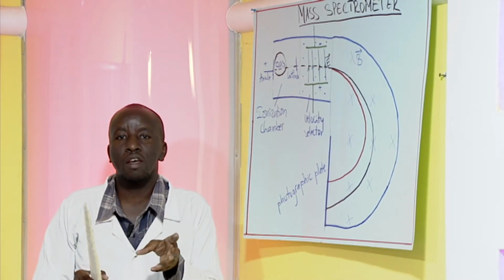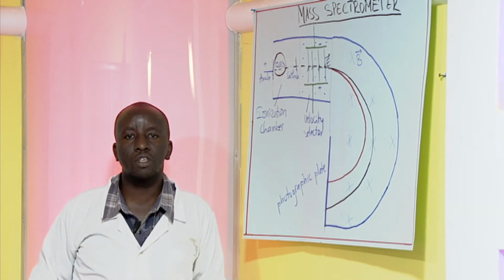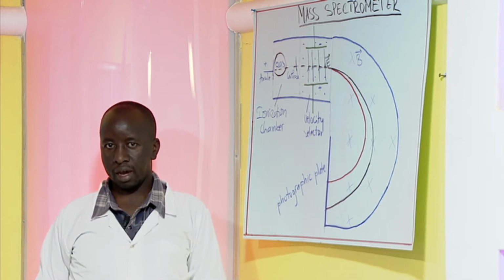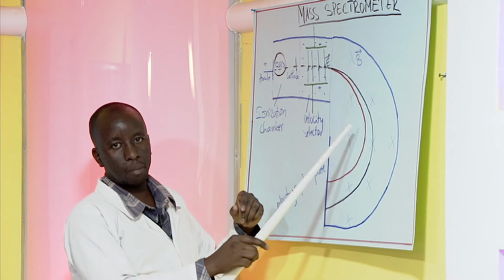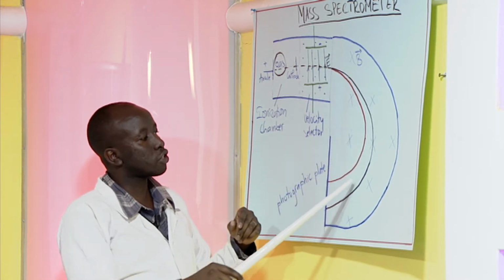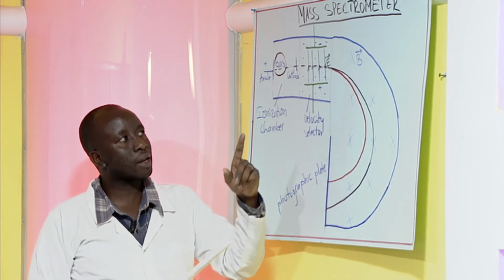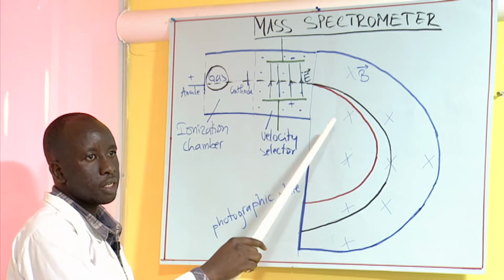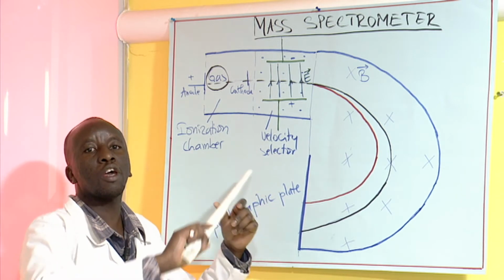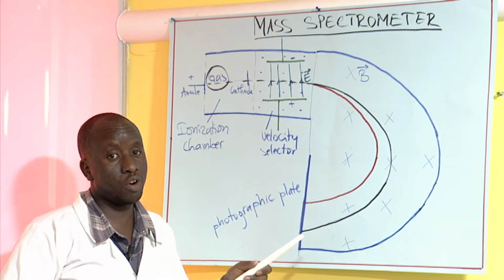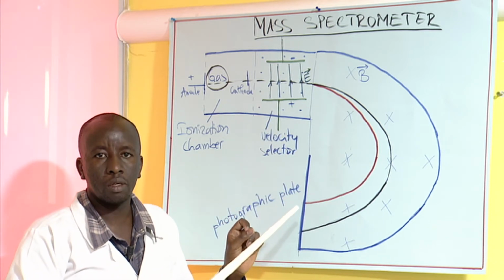These two fields make the path of the ions a straight line. Then the ions are ejected into what we call the vacuum chamber. In this vacuum chamber, again, we have a magnetic field. Only this magnetic field gives us another curve, in the form of a circle.